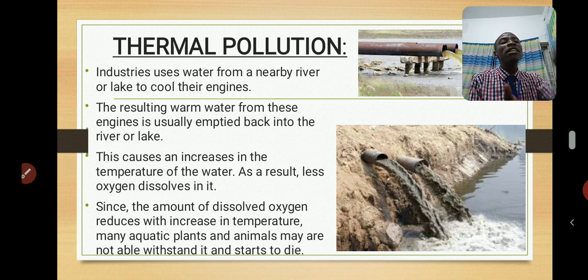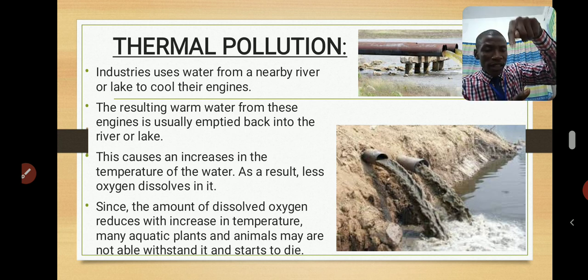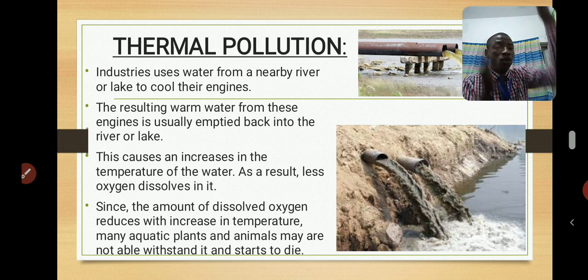How? When these factories finish using up their plants, they want to cool down the plants. What they normally do is that they will collect water from the river beside them. They will use it to cool their plants. Plant means generator, whatever they are using now in the factories.